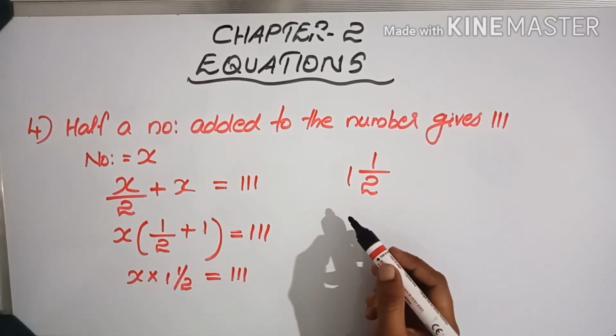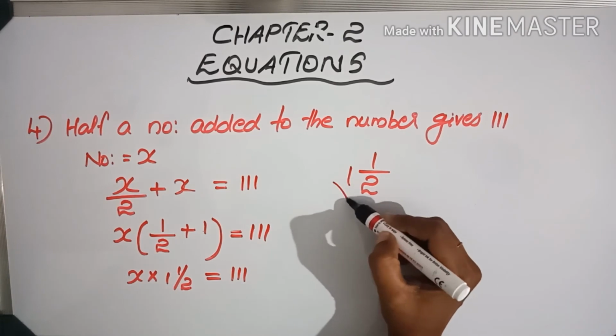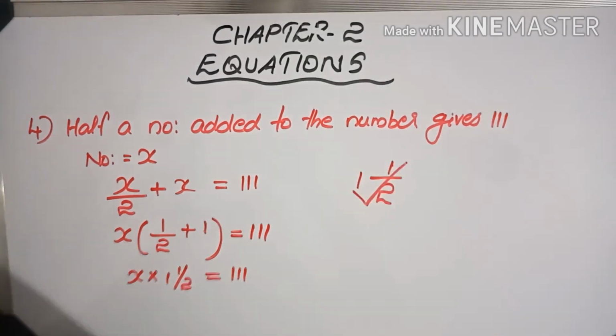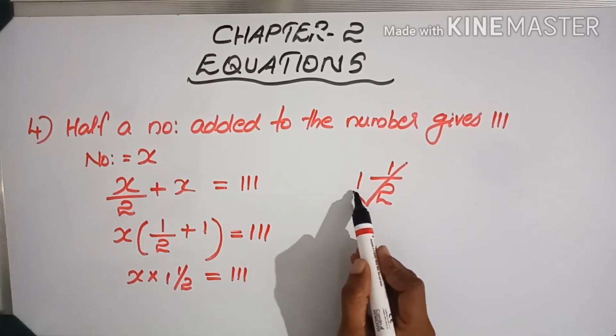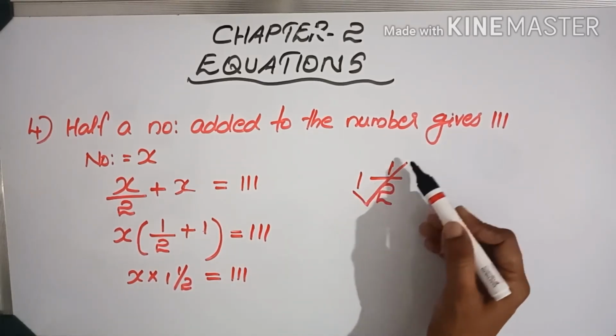So simple fraction form means just remember this tick. Here you can see that tick mark. That means from 1 to 2 one line, then towards up one line.